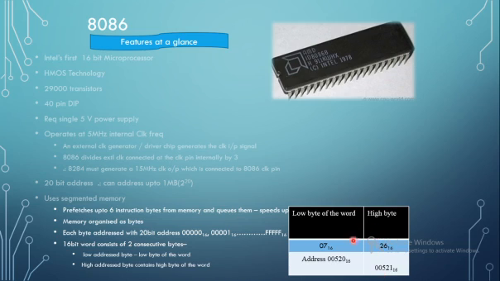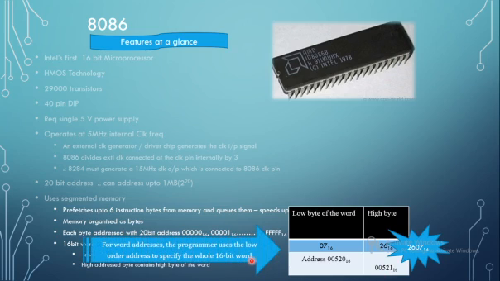So what would be the 16-bit data? It would be 2607. What does that mean? The low portion of the data is stored in the low address byte, and the high byte of the data is stored in the high address byte. Hope that is clear. So for a word address, the programmer will use the low order address to specify the whole 16-bit word.